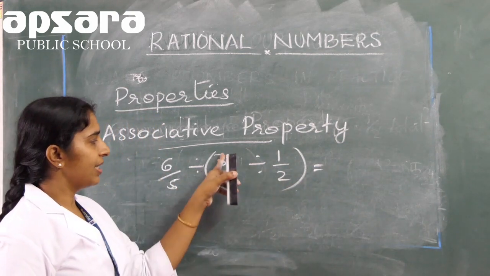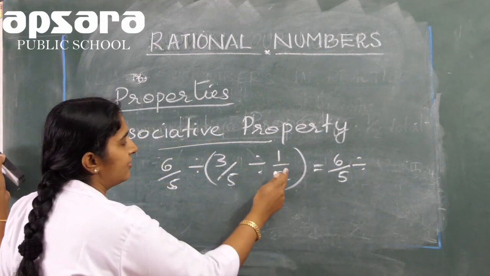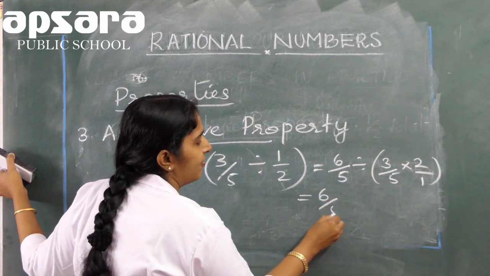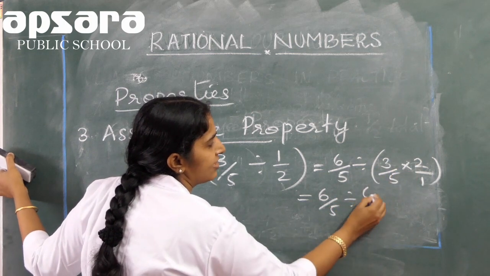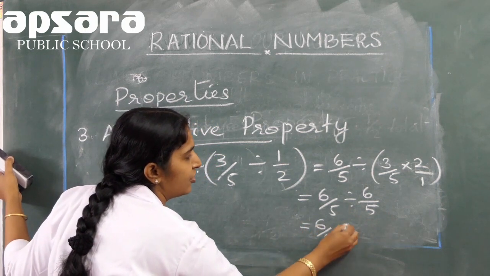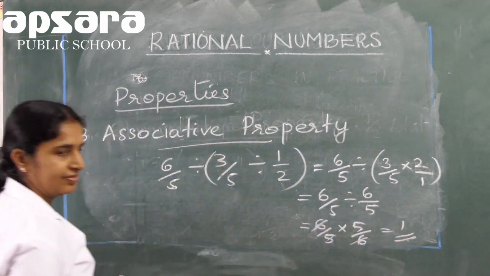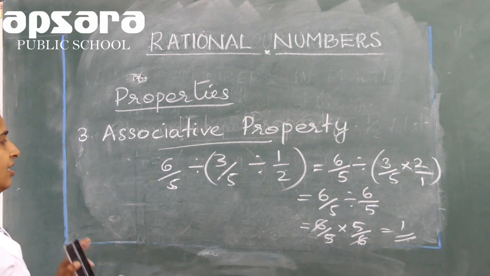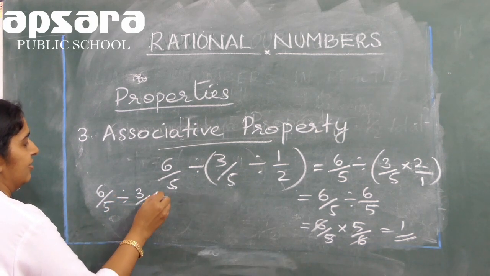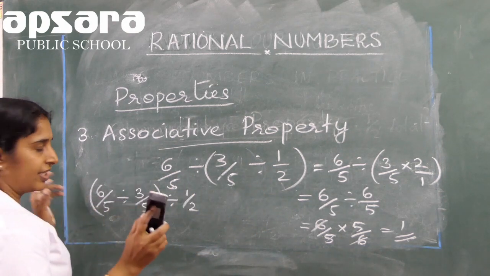See, 6 by 5 divided by, do the division, 3 by 5 into 2 by 1, which is equal to 6 by 5 divided by 6 by 5, which is equal to 6 by 5 into 5 by 6, right? 1 is the answer, correct? There we got the answer as 1, don't forget.